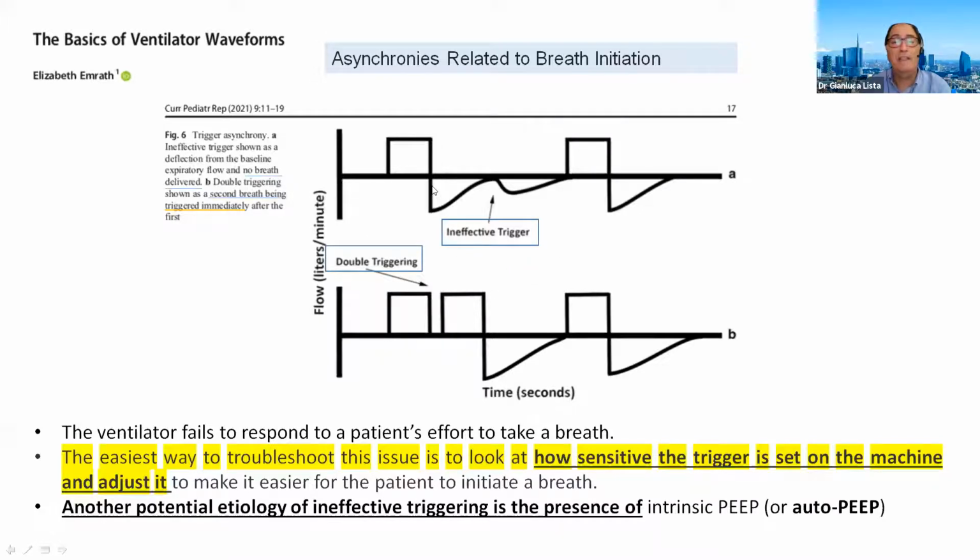In fact, at the top, there is no breath delivered, and in this case, the trigger was ineffective, but also at the bottom, because a second breath is triggered immediately after the first one. So in order to reduce this risk, you have to adjust the sensitivity of the trigger.